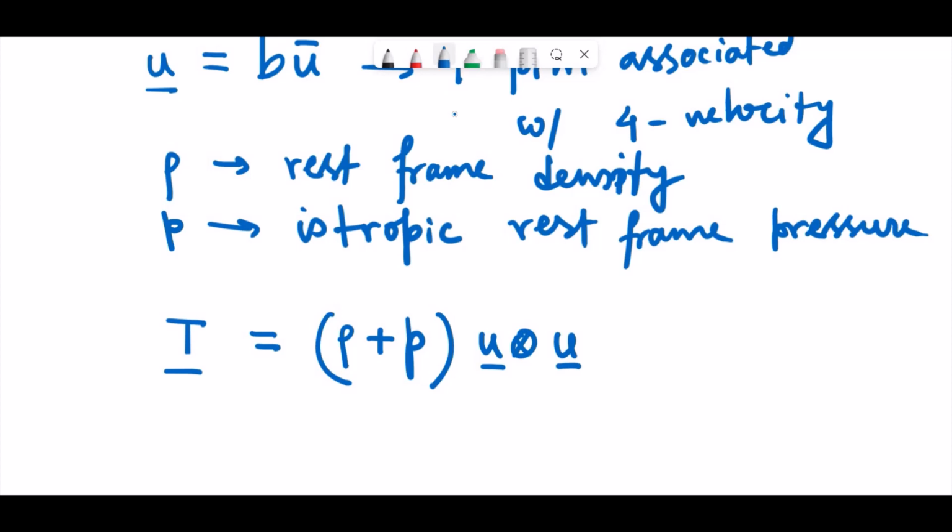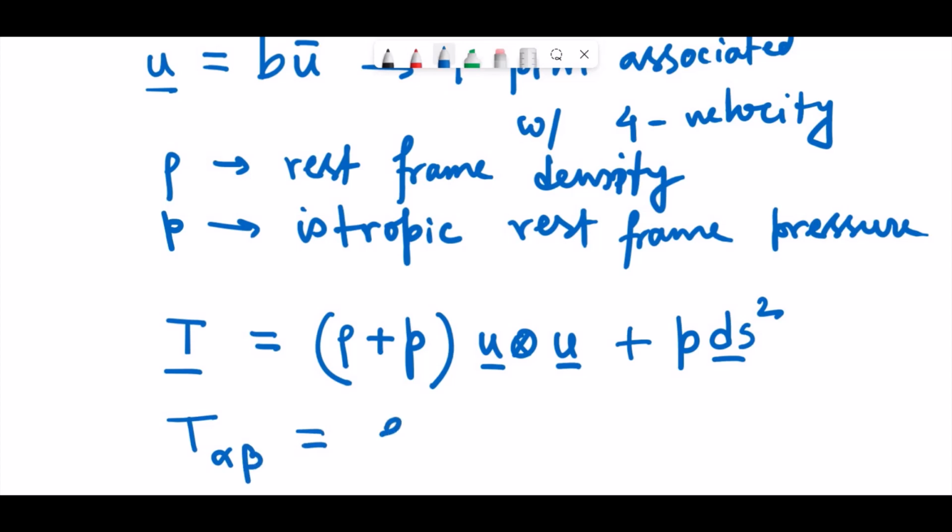So this is symmetric, right? One of the criteria that was imposed on T. Plus, we also have another component, which is P multiplied with the metric tensor of that space. And in terms of components, what is it going to be?